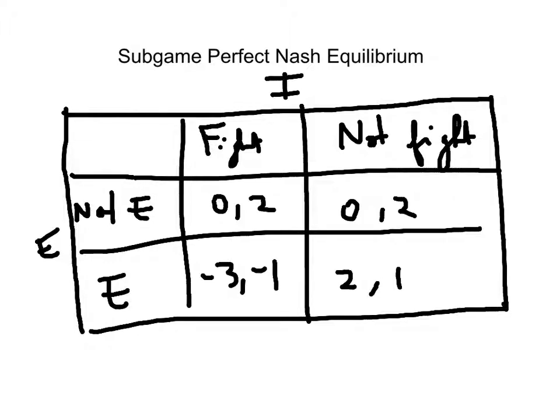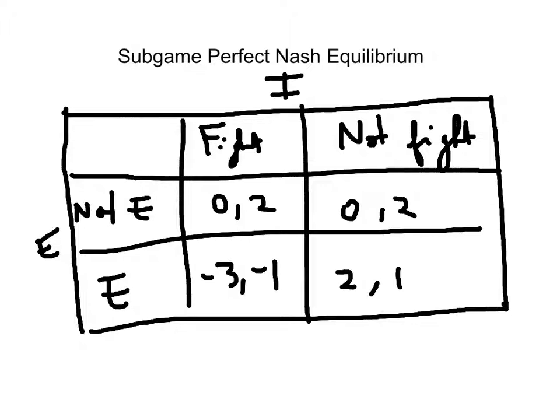And you can see that of particular interest, if firm E does enter the market, the decision to fight is actually costly, right, and results in a negative payoff for the incumbent. If the incumbent accommodates the entrant, it gets a payoff of 1 as opposed to a payoff of 2 if there is no entry, right?